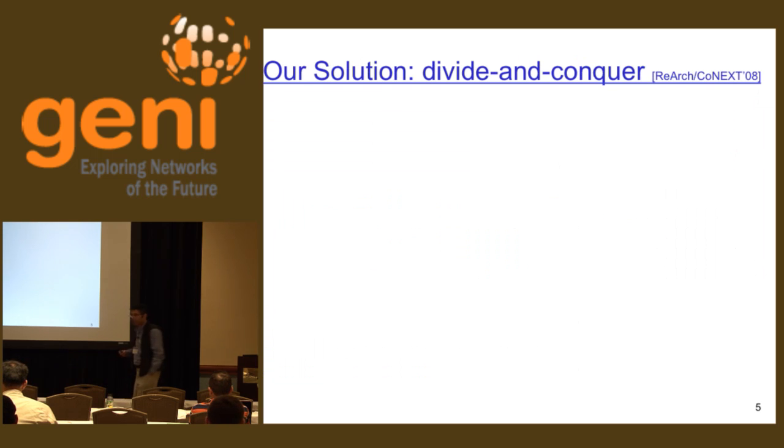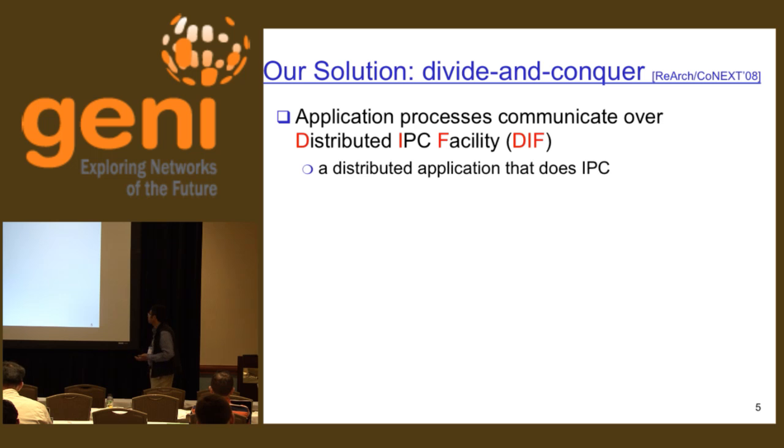All right, so go back to basic computer science principles, which is divide and conquer. In an operating system, how do we make application processes talk? We use the service of the operating system, the IPC service, the inter-process communication mechanism. That's how application processes talk to each other.